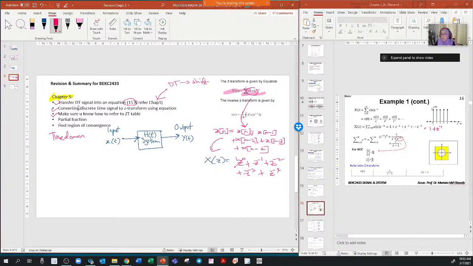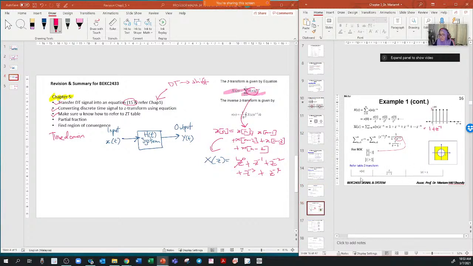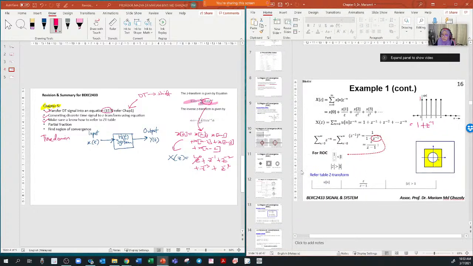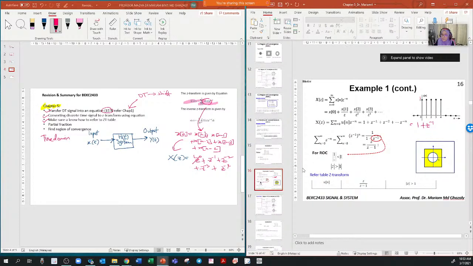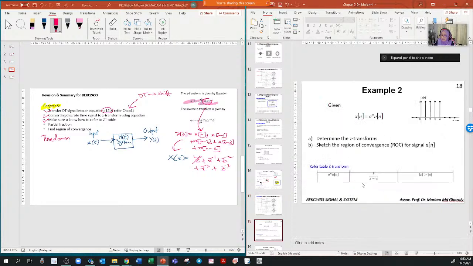And then make sure that you know how to refer to tables. There are a few examples here where I explained how to use the table, referring to the Z transform table, and also the right-sided sequence and so on.